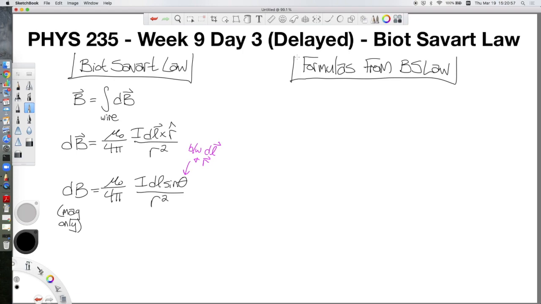So, one of them is the magnetic field from a long straight wire, which is mu naught I over 2 pi r, where, just to clarify here, this r is the distance of the test location from the wire.